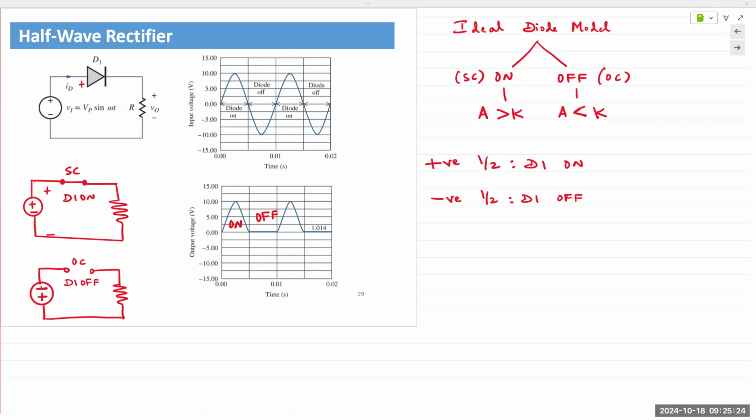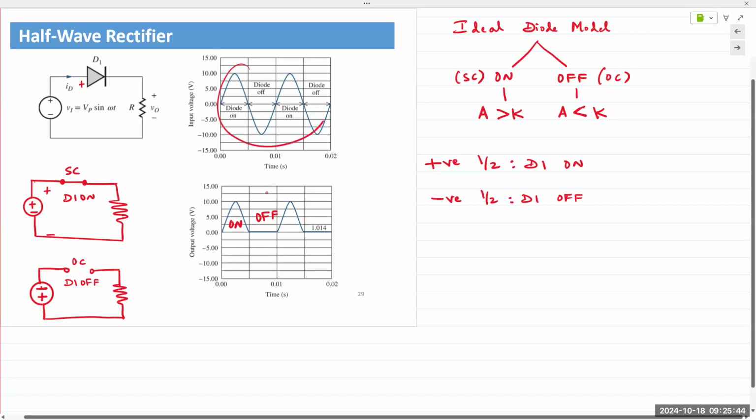And so they said, okay, AC is being rectified to DC, hence the term rectifier. And we're using the diode, so diode rectifier. And we're only using half the AC input waveform, hence half wave rectifier. That comes from the fact that only half of this waveform is being rectified.